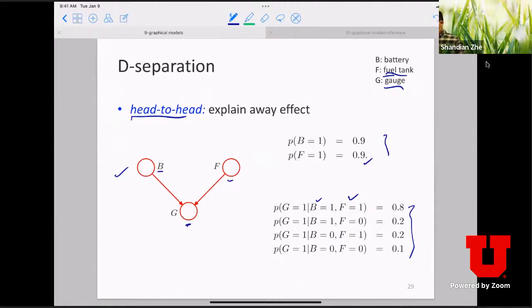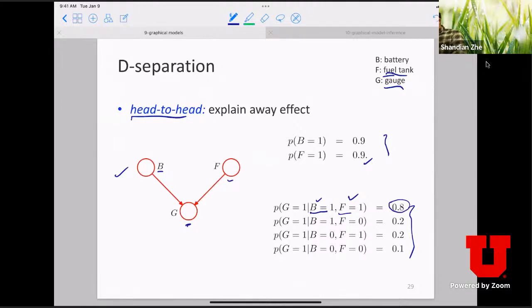So what you can see is that if the battery is alive and the fuel tank is not empty, then there's a large chance that your gauge reading is non-zero. But there's still a small chance that your gauge measures incorrectly and gives a zero reading.